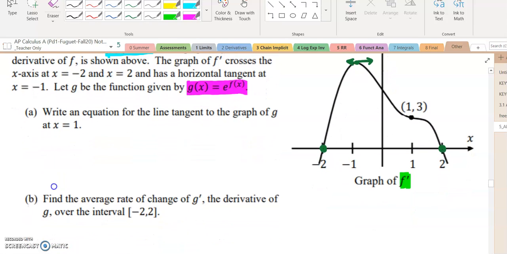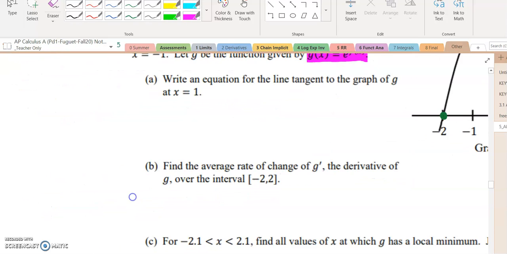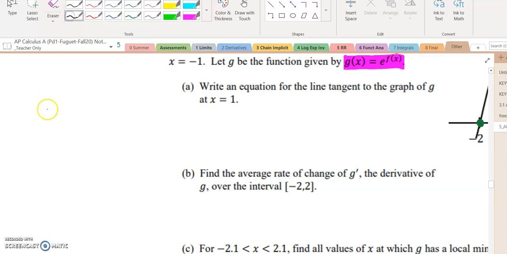The first part says write the equation for the tangent line to the graph of g at x equals 1. As a reminder for part A, we need to figure out a point on g, and we need to find the slope of g at that point.